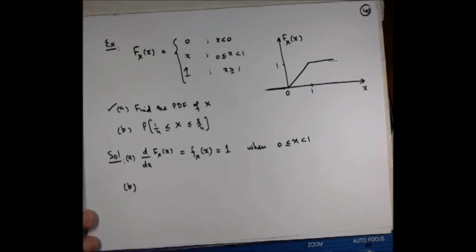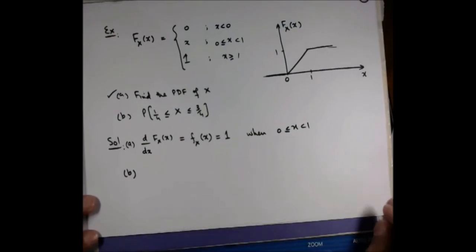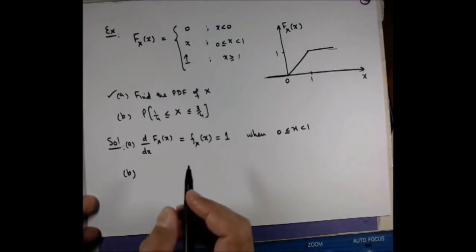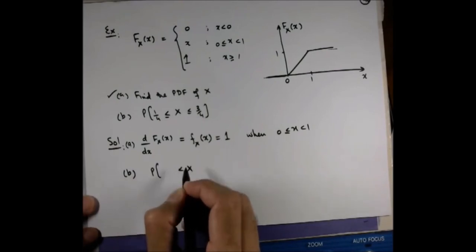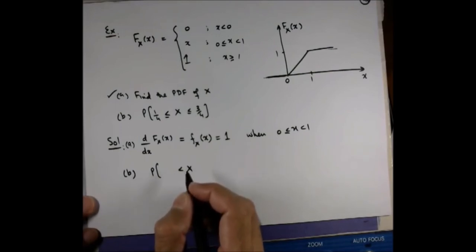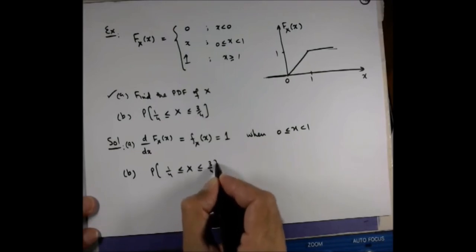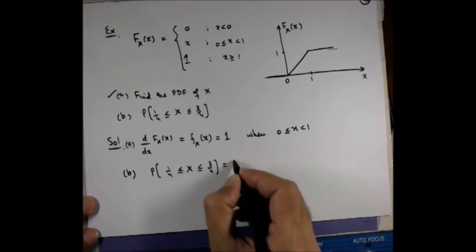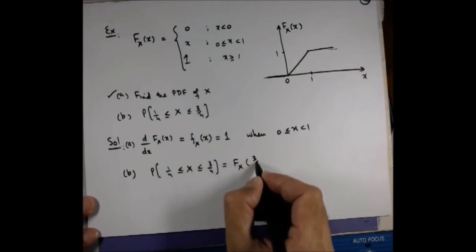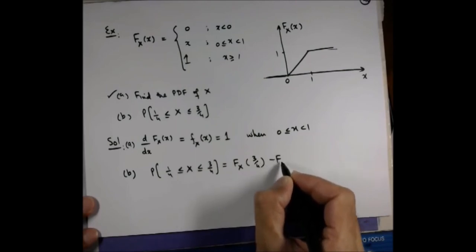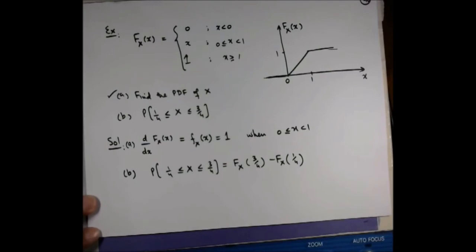For part B, as I told you, you can utilize both the PDF expression and the CDF expression. So to find the probability that x is greater than or equal to 1 by 4 and less than or equal to 3 by 4, you can very easily use F sub x at 3 by 4 minus F sub x at 1 by 4.